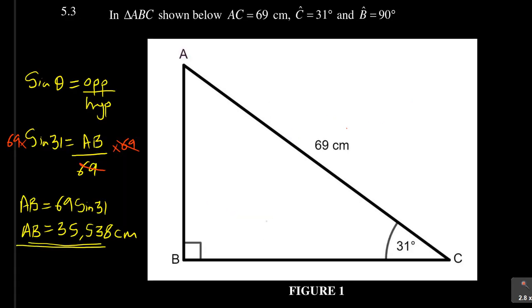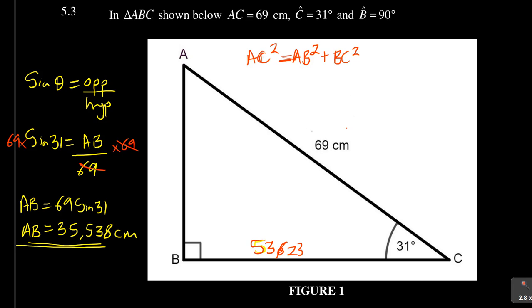So if I write here 53.623, with the Pythagoras theorem, which says AC squared is equal to AB squared plus BC squared. So this is the Pythagoras theorem. You can find it from the formula sheet.